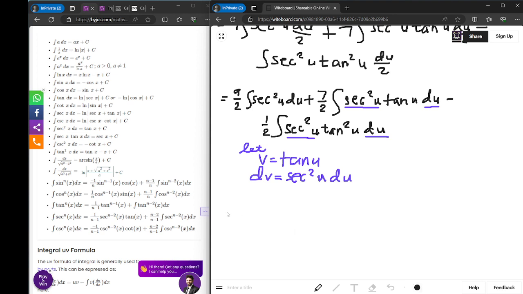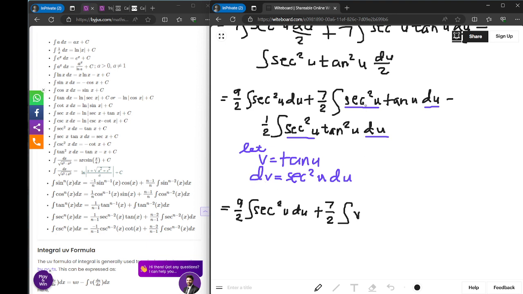Then this will become 9 over 2 secant squared of u times du plus 7 over 2 times, our v is tangent u, so that's v.